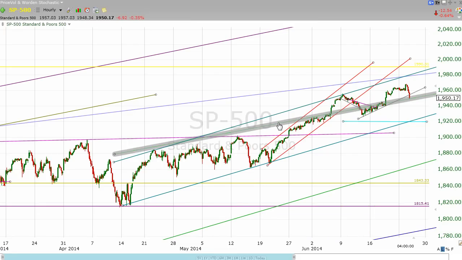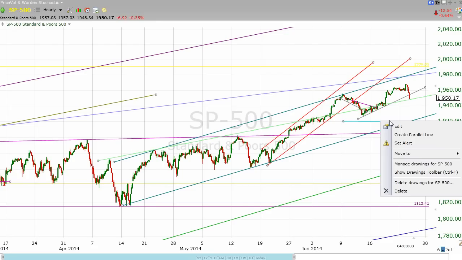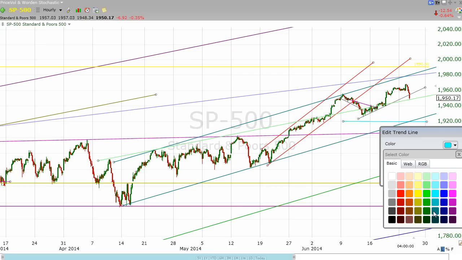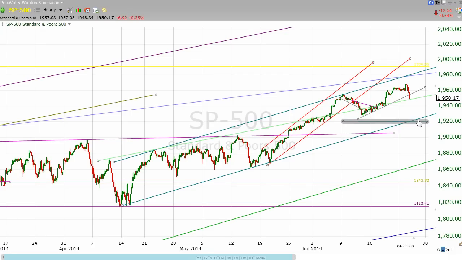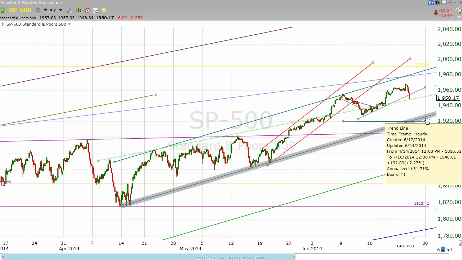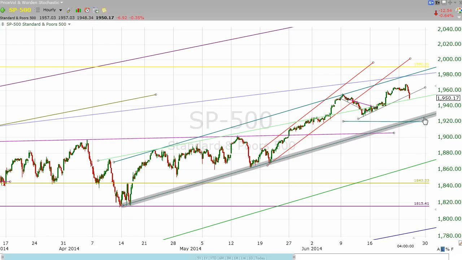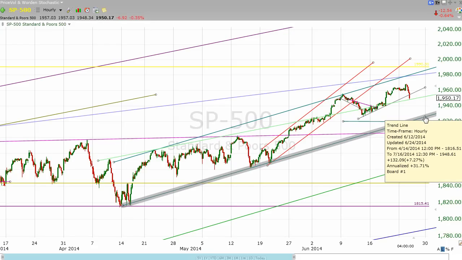Because if we don't get a bounce on this little line right here, and remember this line is kind of funky because it doesn't have a whole bunch of touches lately, I'm keeping it on the chart only because I can, but I'm thinking more than likely we come down and tag this lower support line right here.